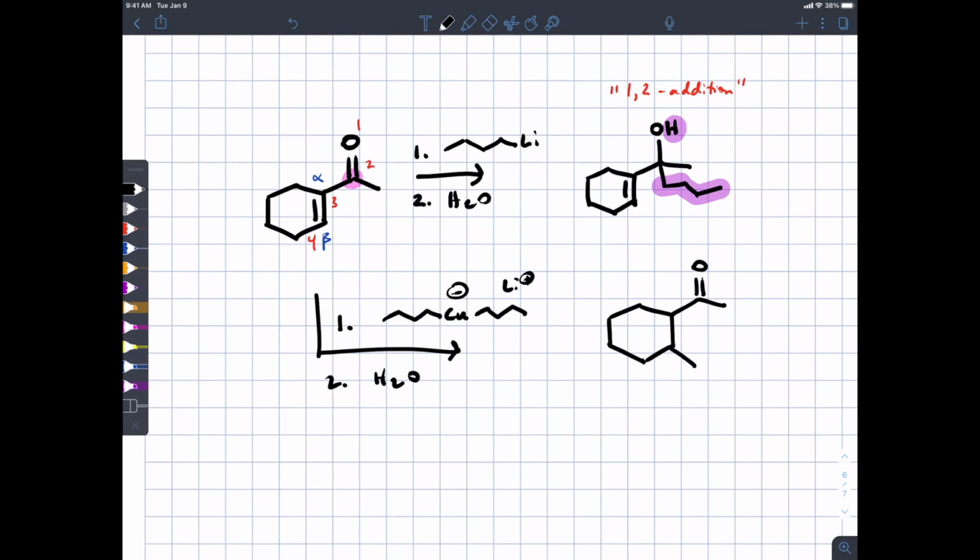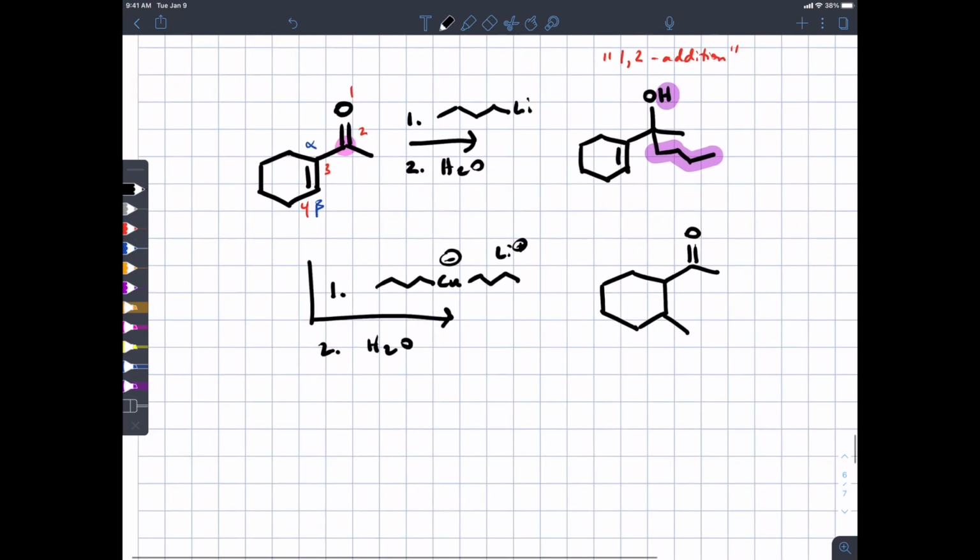Here is the new bond that you make. I'll just illustrate the alpha and the beta carbons.